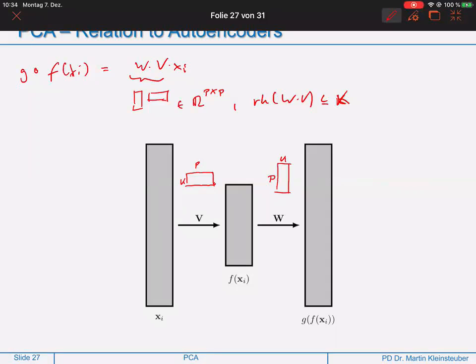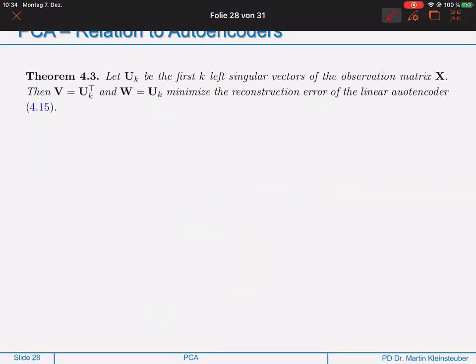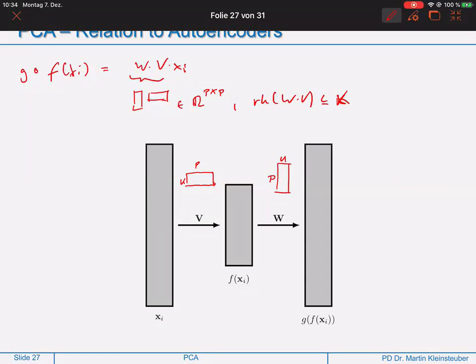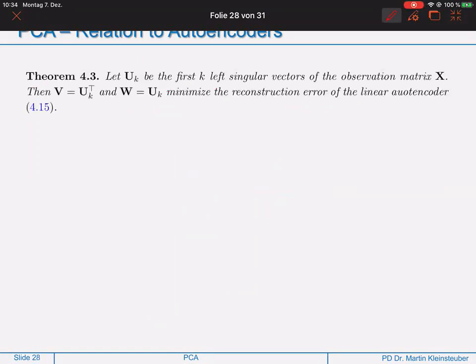And this brings us to the approach here, and this is the result: if U_k is the first k left singular vectors of the observation matrix X, then V chosen as U_k transpose and W chosen as U_k minimize the reconstruction error of the linear autoencoder.